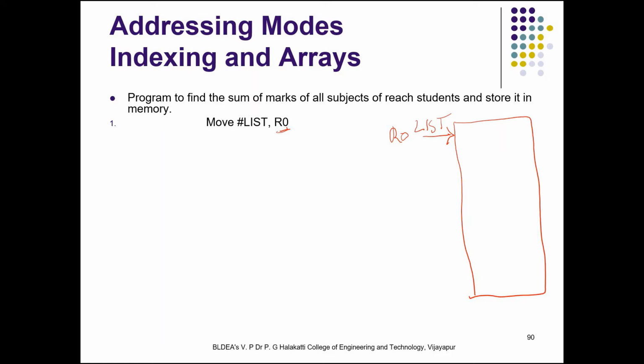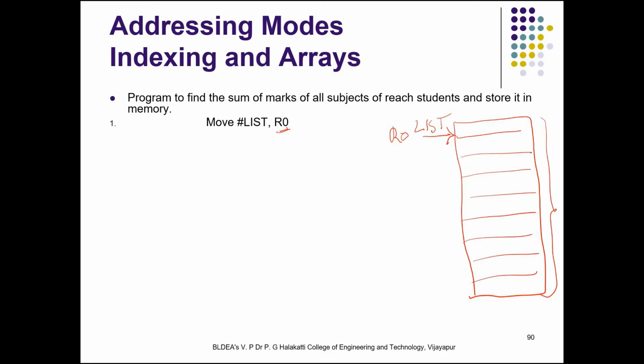So what is an array? Array is nothing but a block of contiguous memory locations, and this block of contiguous memory locations which contains the same type of data is given a single name.